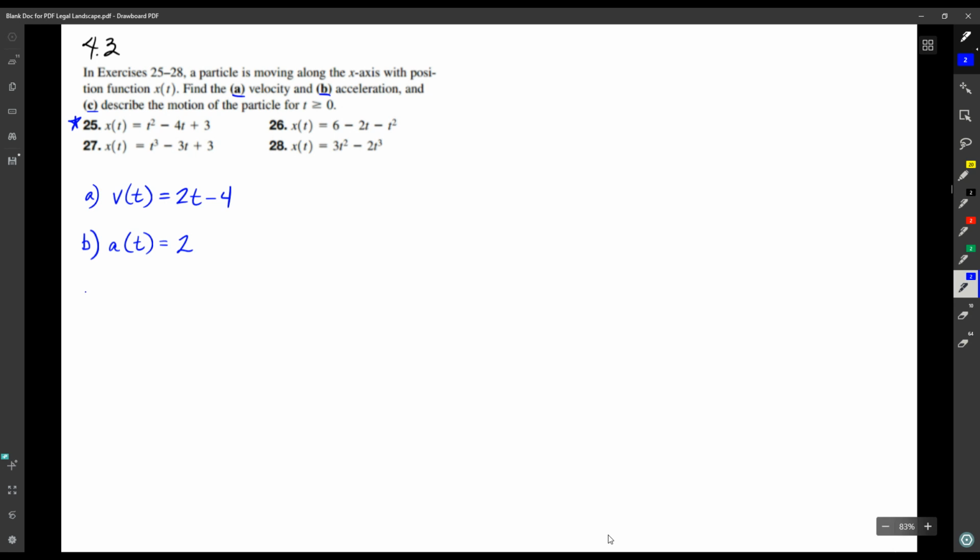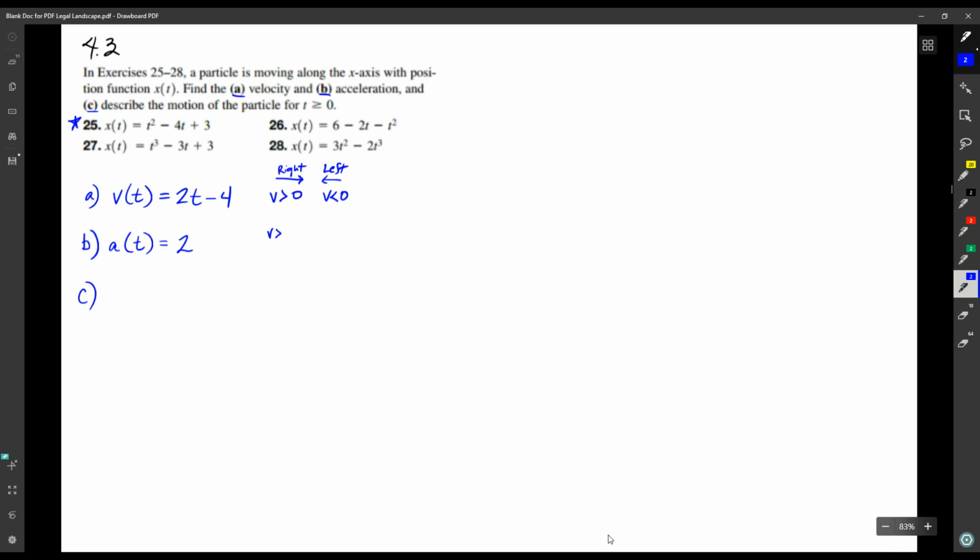Let's move on to part C, where we're asked to talk about the motion of the particle. So we understand that if the velocity is positive, v greater than 0, then our particle is moving right. And if v is less than 0, so we've got a negative velocity, then our particle is moving left. We can also talk about whether the particle is slowing down or speeding up.